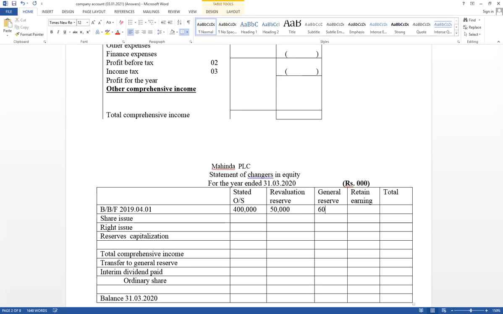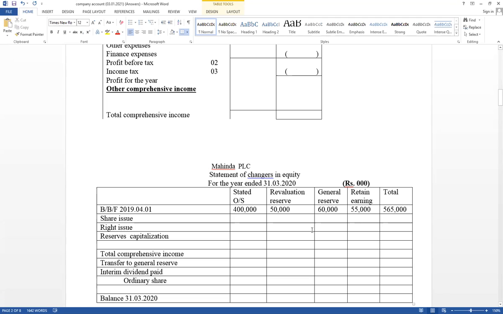General reserves, it has given 60,000. Retained earnings balance equal 55,000. It has available in the trial balance. Then total value should be included in the total column. Take the total value. Try to recognize how to prepare the statement of change in equity. Opening balances available in the trial balance.